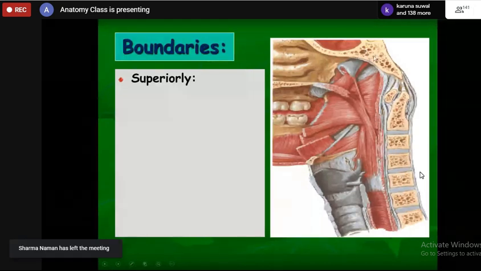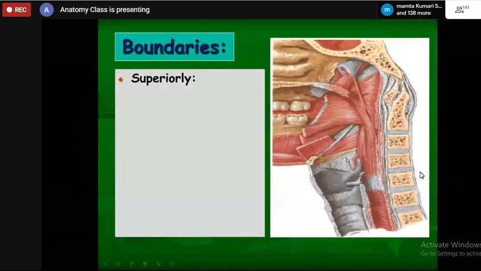This one, the joint. This part is the sphenoid, and this part is the occipital bone. The sloping part of the occipital bone is known as the basilar part of the occipital bone. So superiorly, it is bounded by the body of the sphenoid plus the basilar part of the occipital bone. That is the superior boundary.